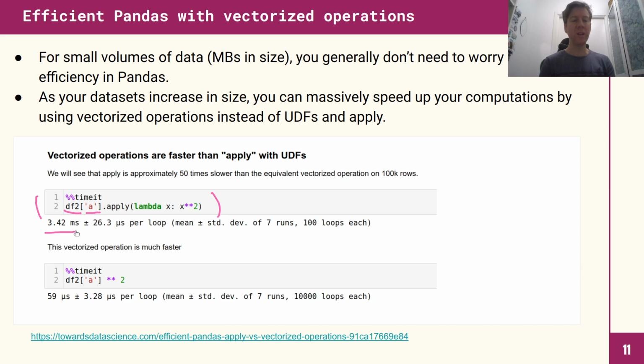We can see that this takes, on average, 3.42 milliseconds per loop. It's going to take only 59 microseconds in the vectorized implementation, which is basically saying df2 column A, we're going to get the square of it by calling **2, which is the square operator in Pandas.